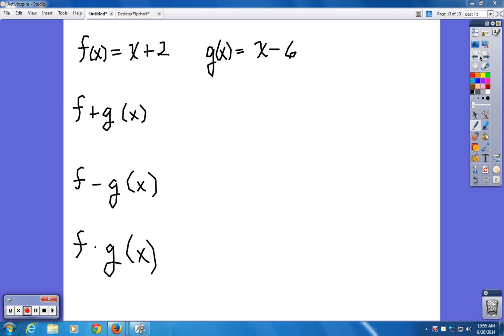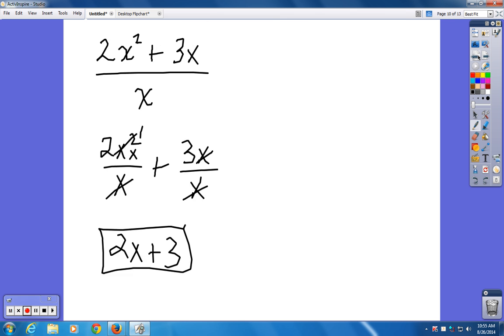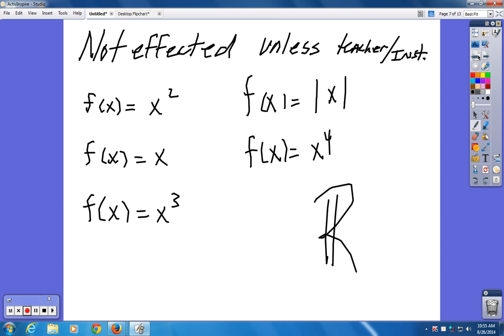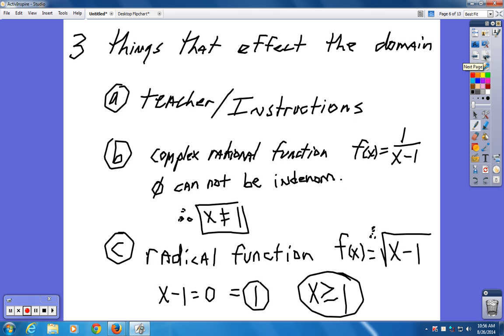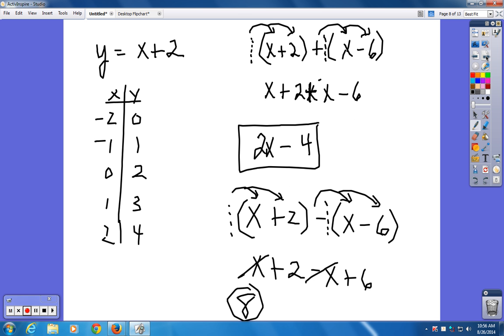Now, like I said before, in pre-algebra, you were taught y is equal to x plus 2. And then over here on the right, x plus 2 plus x minus 6, you were told to distribute and add like terms, and you would get that.